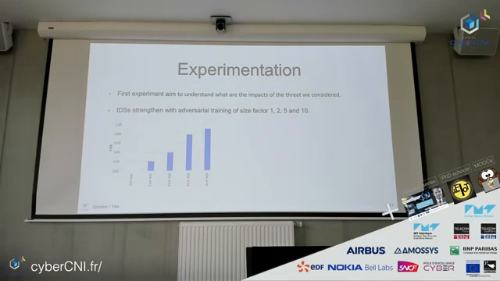Here we use different size factor parameters for building the adversarial training set compared to the original dataset, using size factors of 1, 2, 5, and 10. This leads to extended datasets S1, S2, S3, S4, and we train the IDS on these datasets. So we have 4 new IDSs.